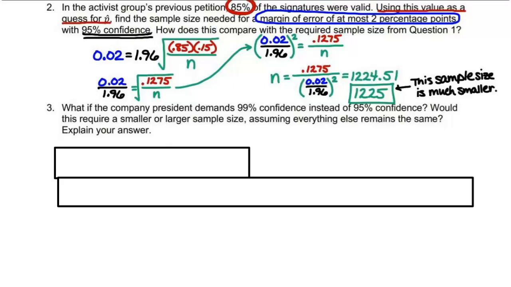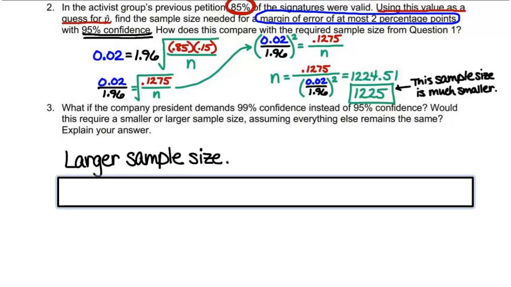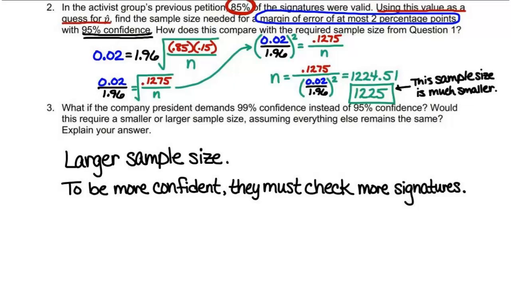What if the company president demanded a 99% confidence instead of 95% confidence? Would that require a smaller or a larger sample size, assuming everything else remains the same? So no more than a 2% margin of error. Larger sample size. To be more confident, they have to check more signatures.